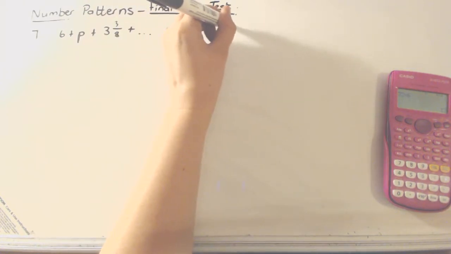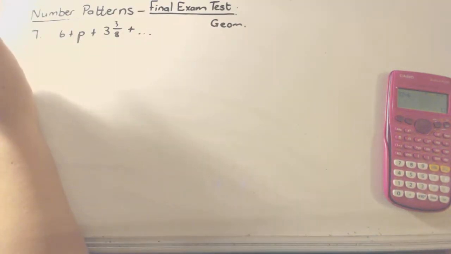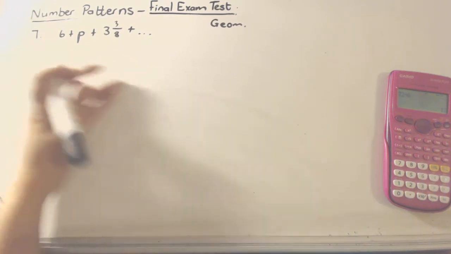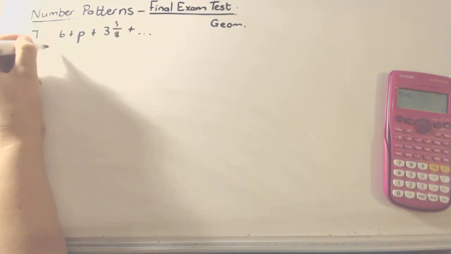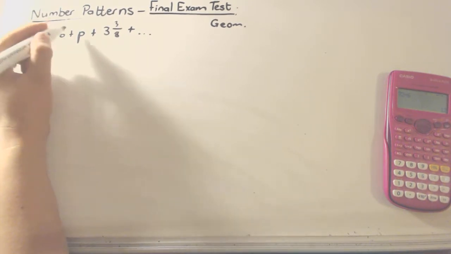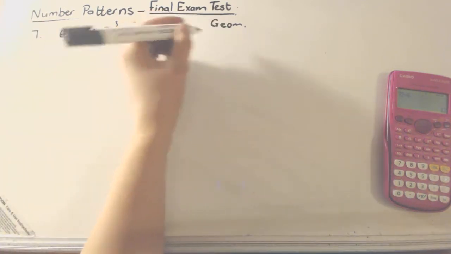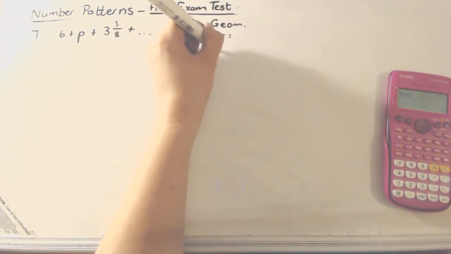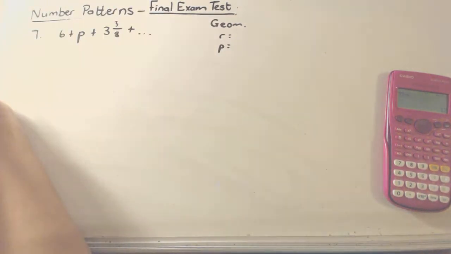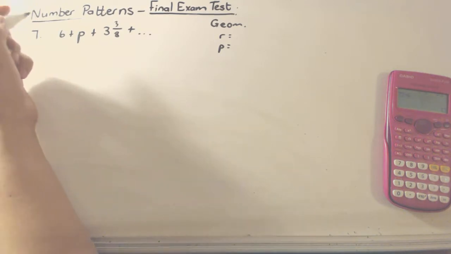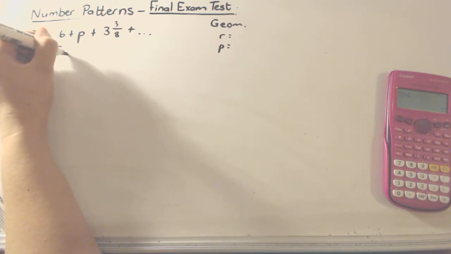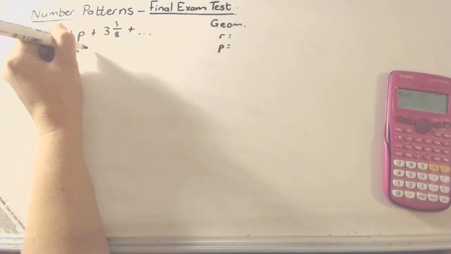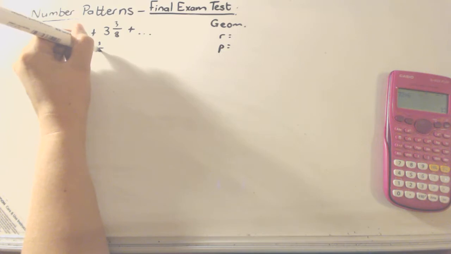They state it's a geometric series. Calculate the values of r and p, if it is given also that the sum of the series to infinity is 3 and 3 over 7. The values of r and p are the things that I must calculate.